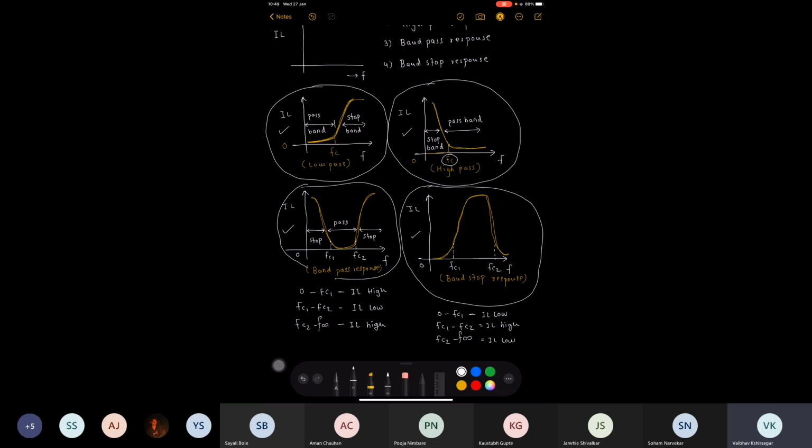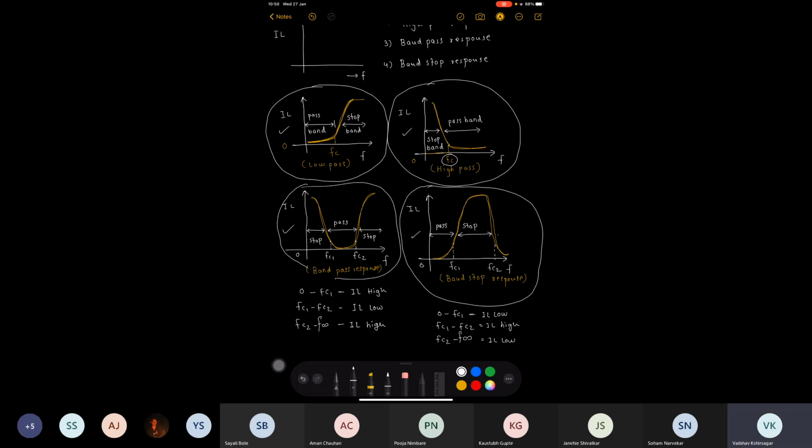From 0 to FC1, the insertion loss is low, so we call it a pass band. From FC1 to FC2, as the insertion loss increases, this band is stopped, and we call it a stop band.